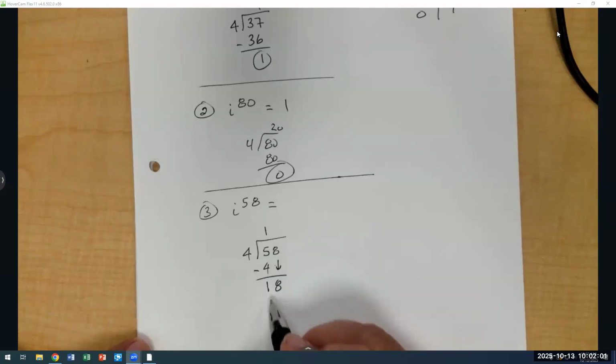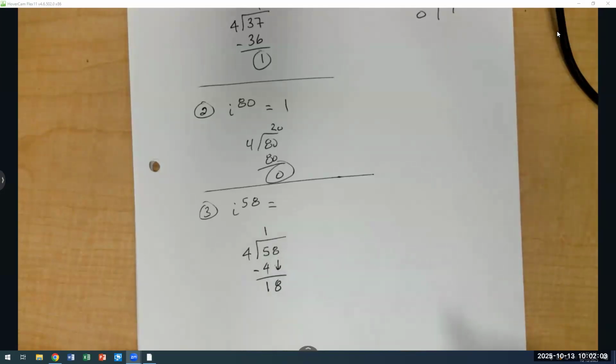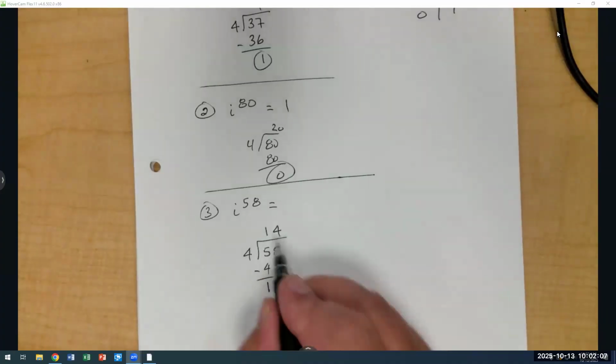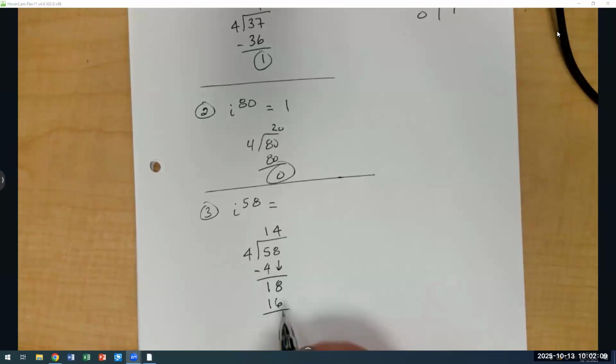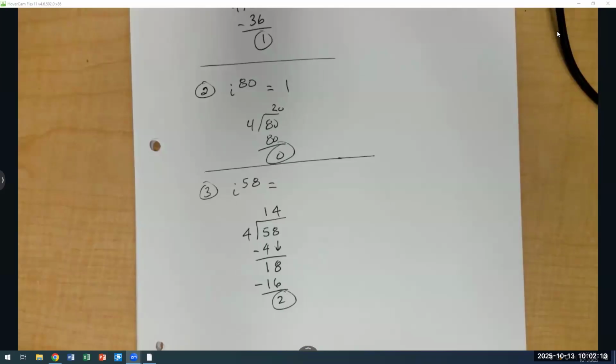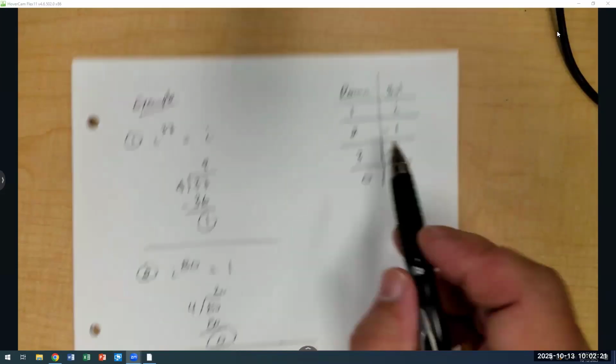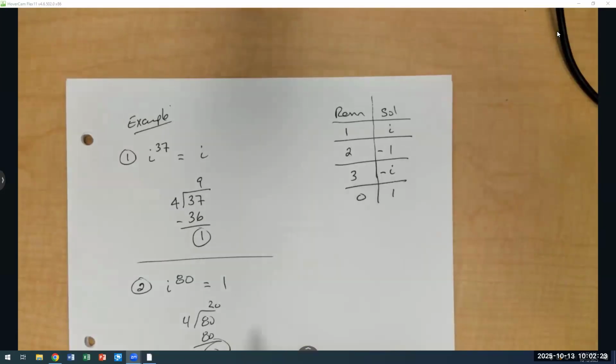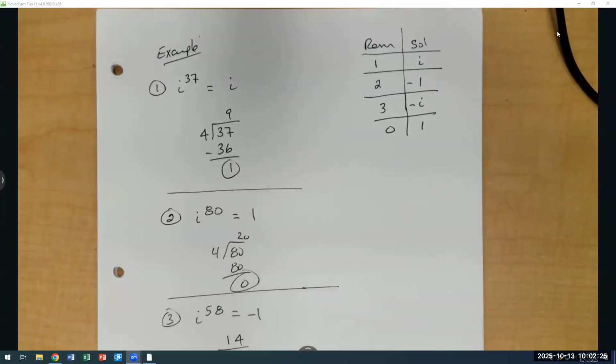How many times does 4 go into 18? 4 times 4 is 16. Subtract those, you get 2. There's your remainder. Since the remainder is 2, the answer is -1.